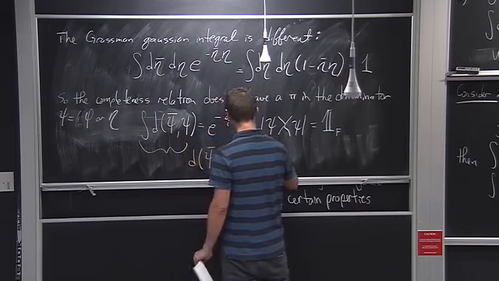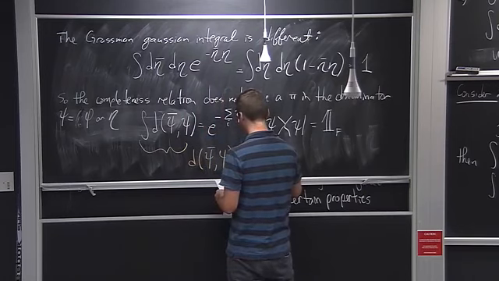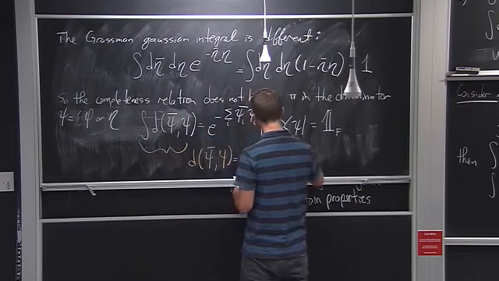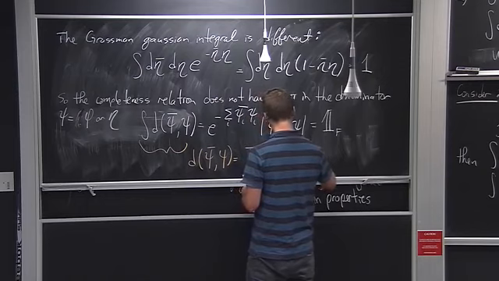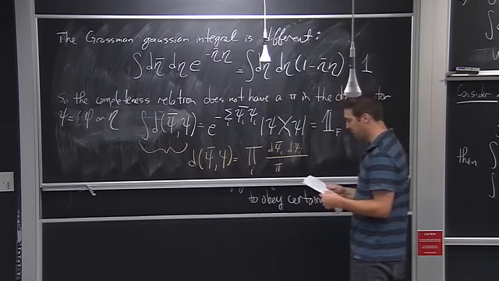This will depend on whether or not the fields are fermionic or bosonic. So last time it was a complex conjugate over pi.